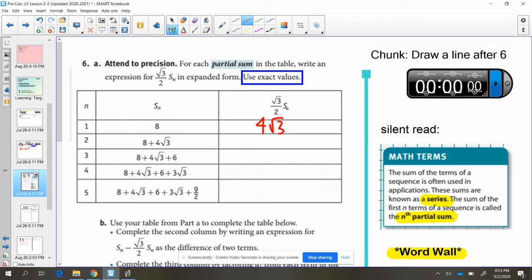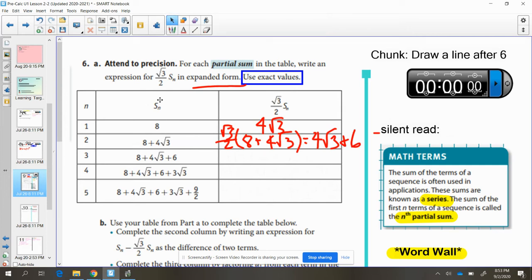And if we take 8 plus 4 square root 3 and multiply it by, again, that square root of 3 over 2 out front, aka distribute it through, they want us to leave this expanded, notice, but what we end up getting is 4 square root 3 plus 6. Okay? And if we continue distributing the square root of 3 over 2 through each of these sums, we'll see these expanded forms of each of these.